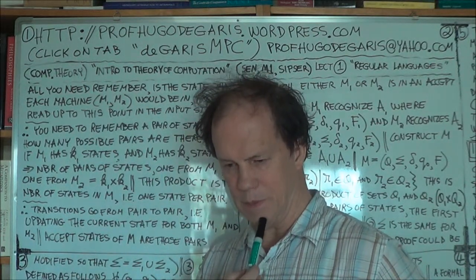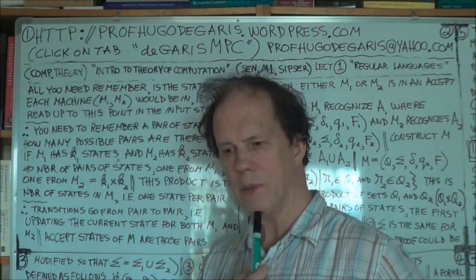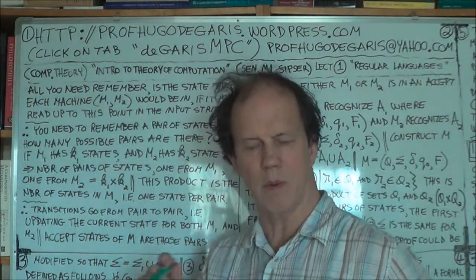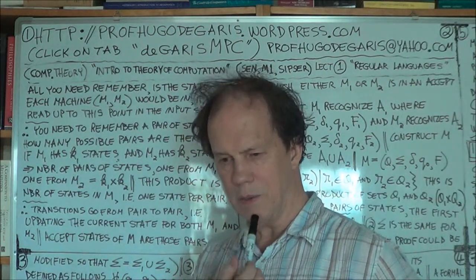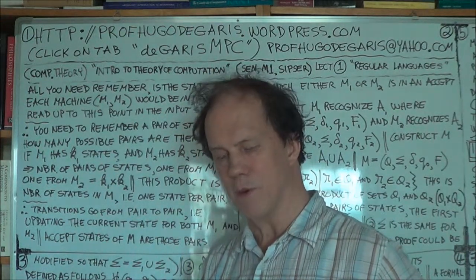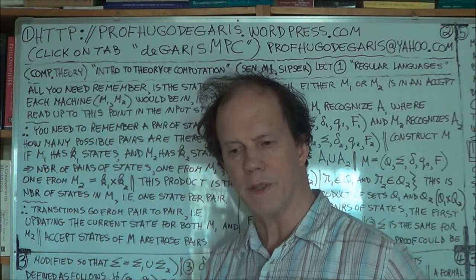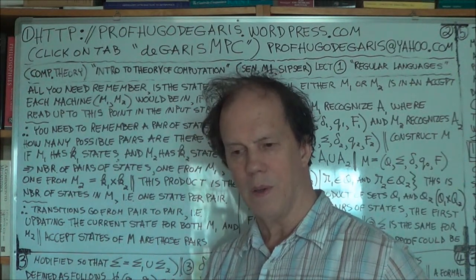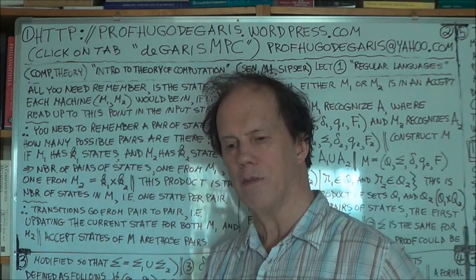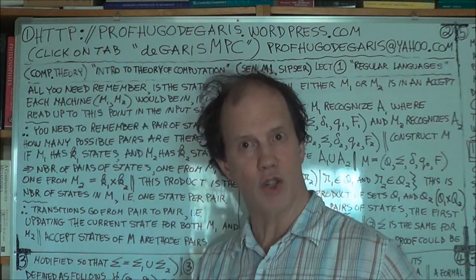So one core idea is to simulate the two machines M1 and M2, and then we start talking about what states, what would big Q be for this M? What would your set of states be? And the main idea for this proof is to talk about a pair of states where the first member of the pair is the current state of machine M1, and the second member of this pair is the current state of machine M2.